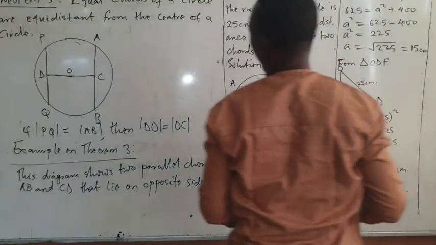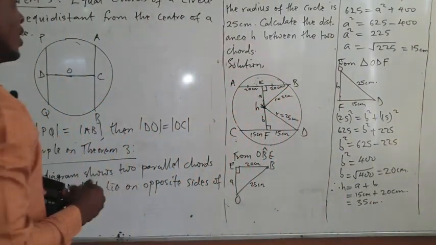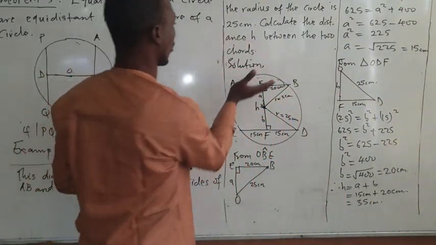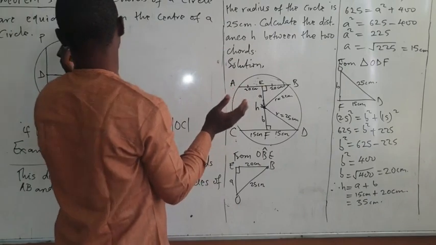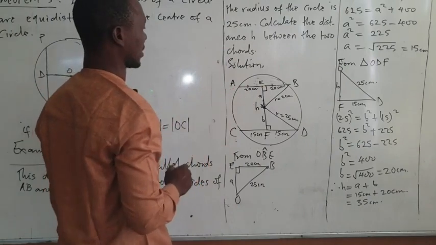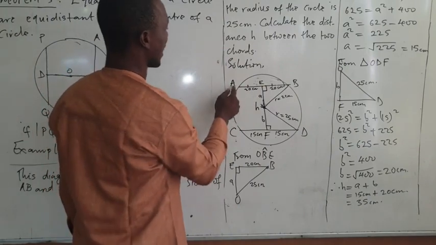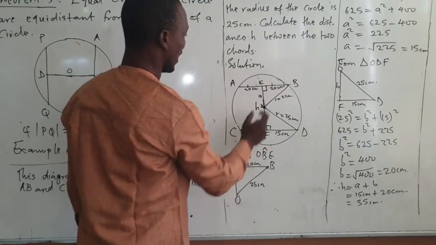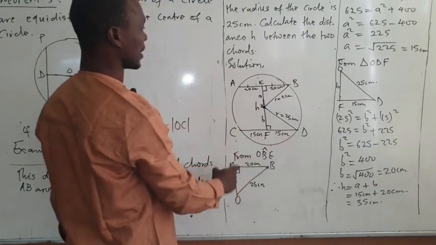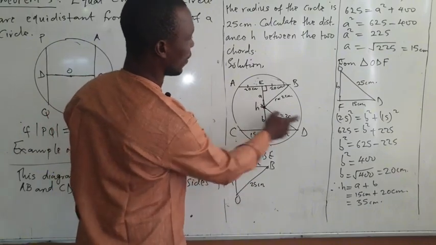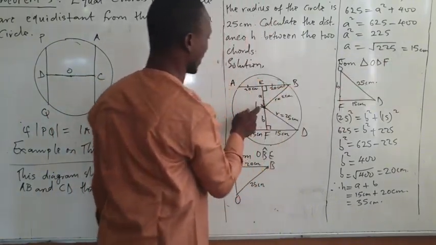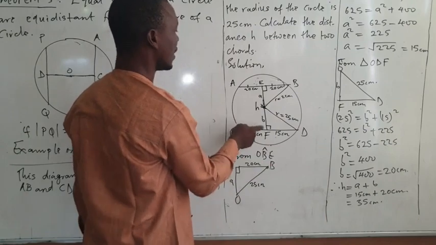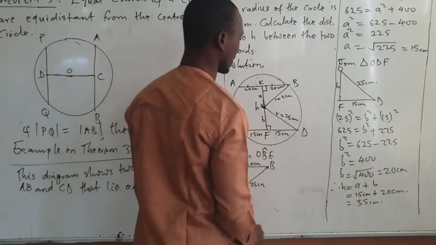If you go by Theorem 3, Theorem 3 says equal chords of a circle are equidistant from the center of the circle. Assuming line AB is 40 centimeters and line CD is also 40 centimeters, it means if small a is 15 centimeters, then small b will also be 15 centimeters.